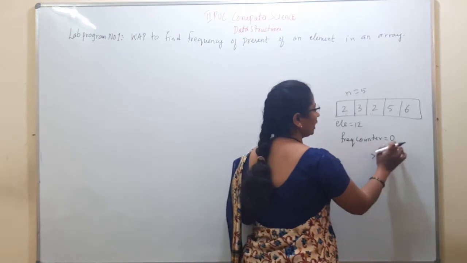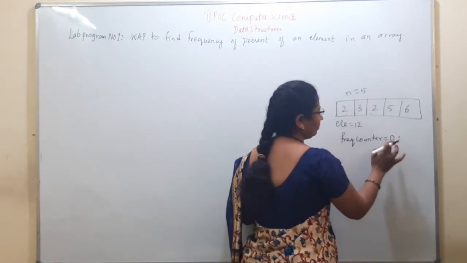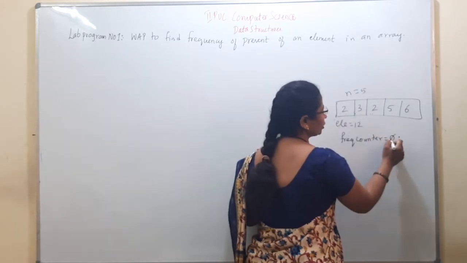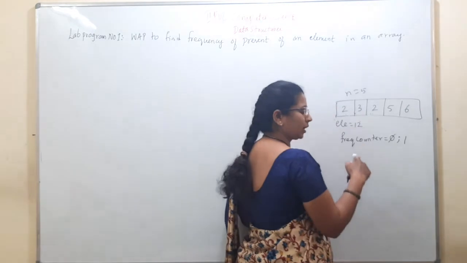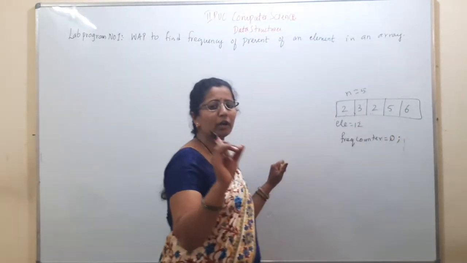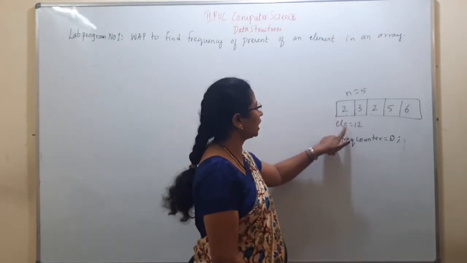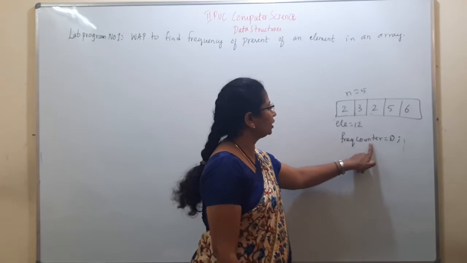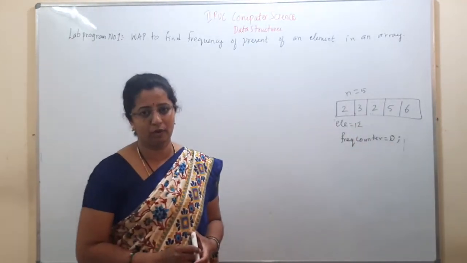Hence the frequency counter is first initialized to 0. If the element is present, the value changes, which means the element occurred. If it remains 0, the element is not found in the given list. For element 12, there is no change in the frequency count, so the element is not found.